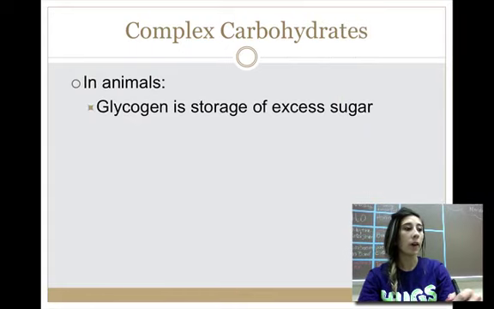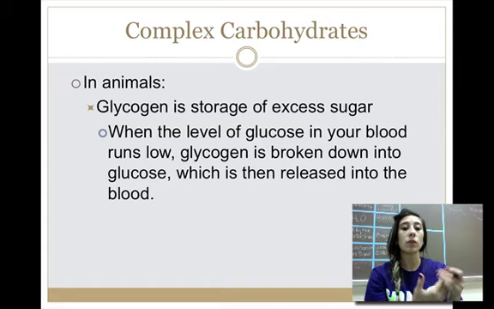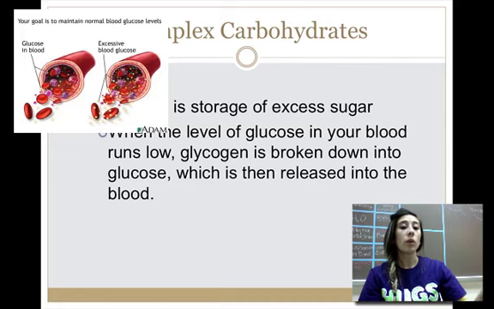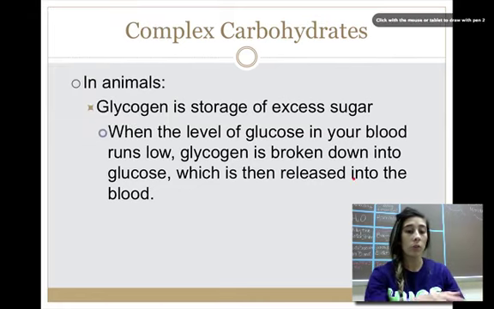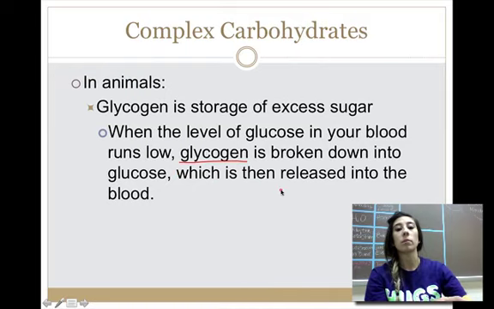And what we have happening in animals is that glycogen is typically stored for excess sugar. So glycogen will build up inside of an animal when we have too much sugar intake. And so when your level of glucose in your blood begins to run low, that storage of glucose, which is in the form of glycogen, remember that this is a polysaccharide, okay, it breaks down into glucose, and then the glucose molecules will then be released into the blood.